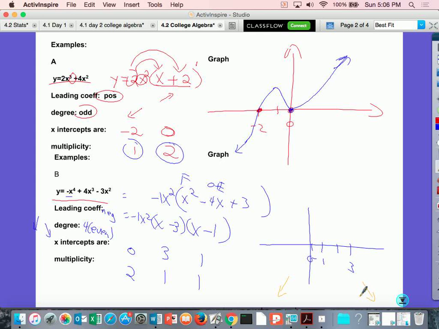So at 0, it's going to touch 0 and be tangent at 0. Come back down. At 1, it's going to go through, and at 3, it's going to go through. So we're going to bounce back up here and go through, and then we're good.